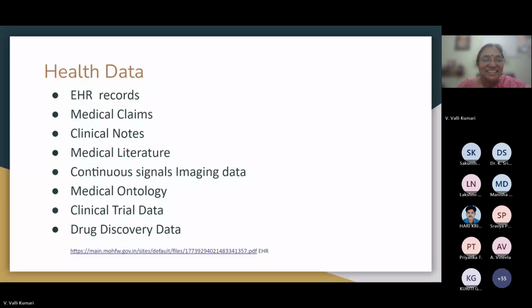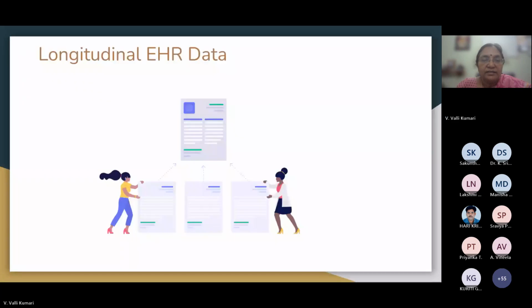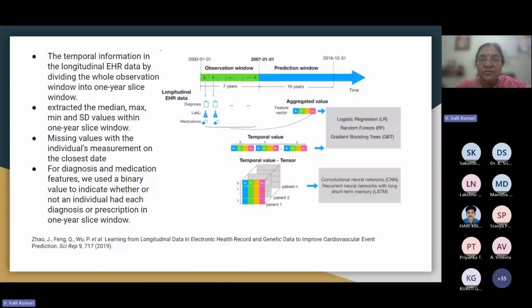Yeah, so this is the EHR I was talking about. There's the observation window, and there's the prediction window. Aggregate values for each of the years are calculated, and then the feature vector is formed. These are given as inputs to our ML models.